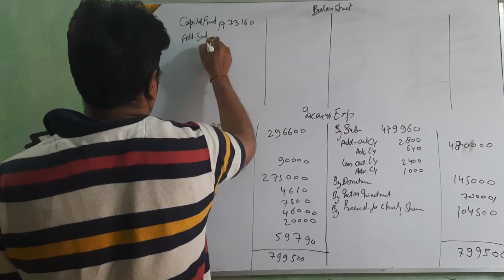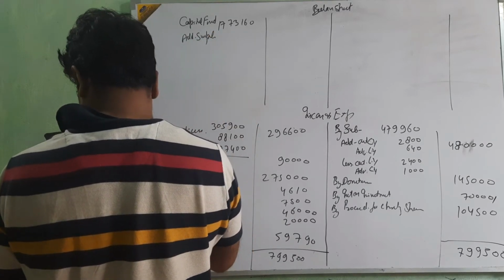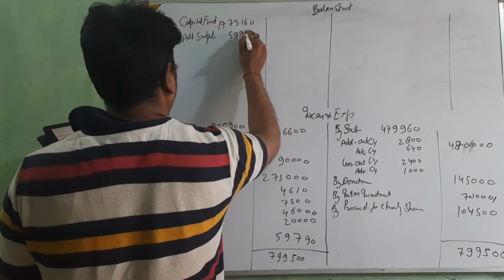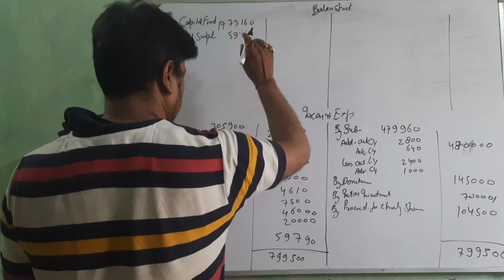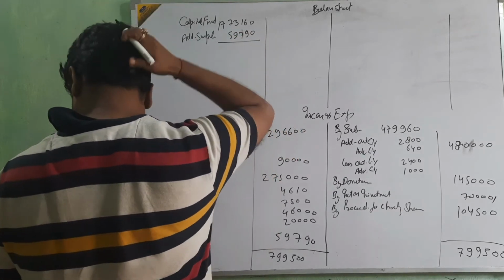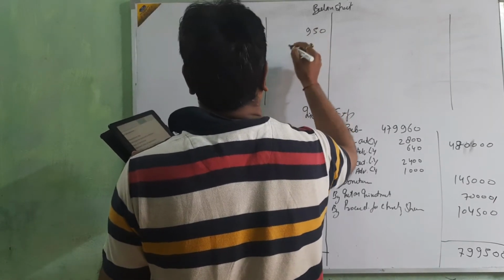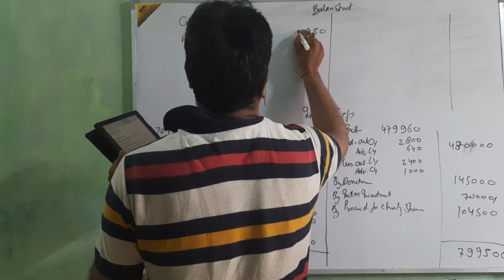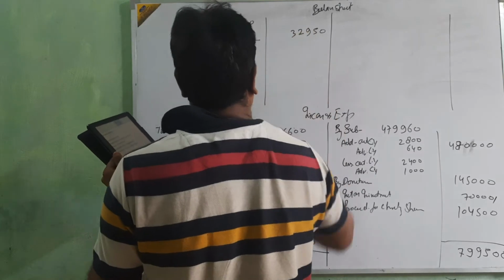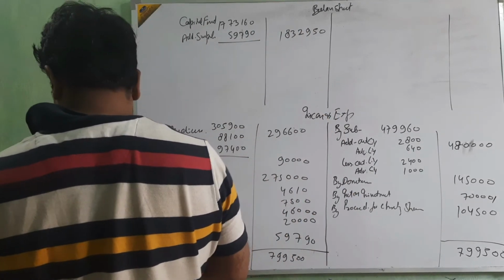Add surplus 59,790. Okay, take that total outside: 18,32,950, and then anything else?